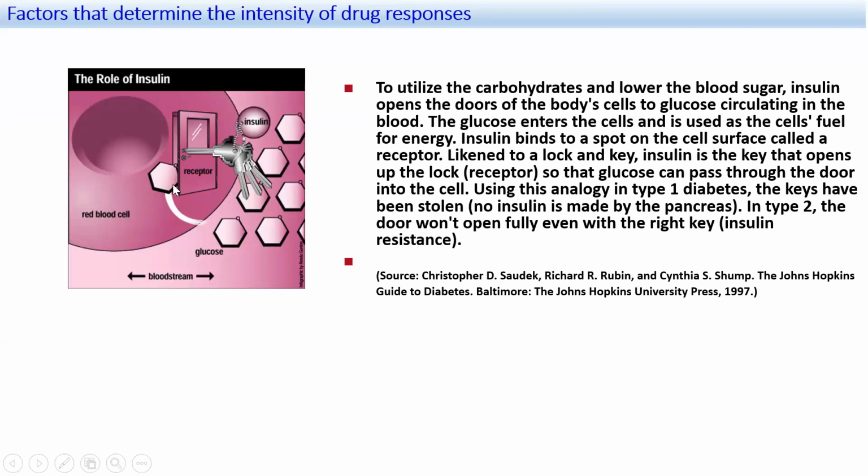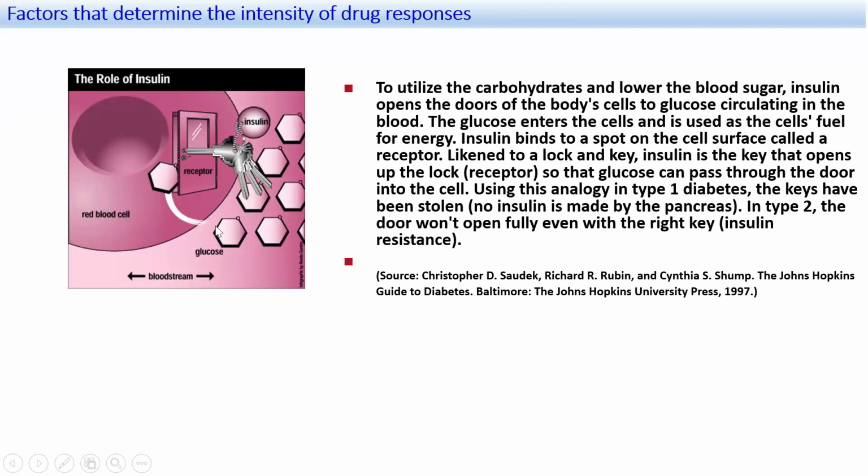So type 2 diabetes, that's when there is a small amount of insulin that will keep the door slightly open, and very few glucose molecules will enter the cell for metabolism.